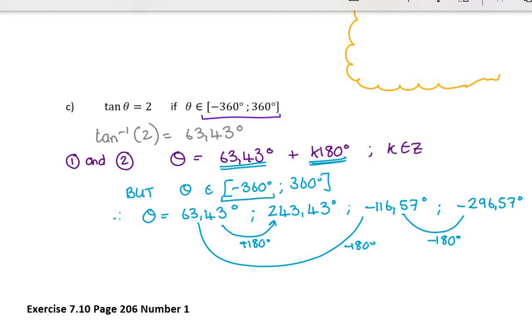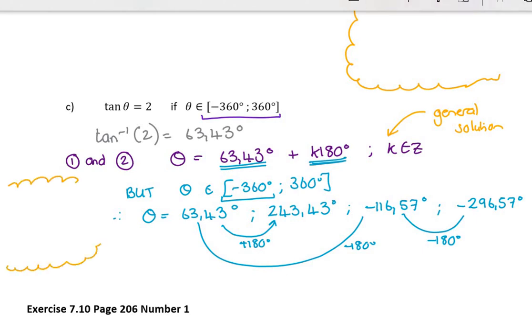If I minus 180 again, I now get negative 476, which is now out. So there were actually 4 answers in this given range, or domain I should say, that were actually answers. So this is called my general solution, which you always found first, and then I found the specific solution in my given domain.